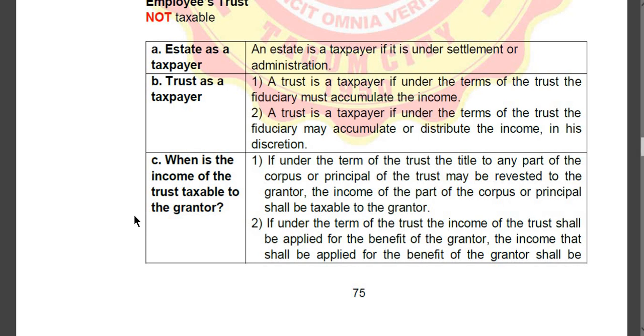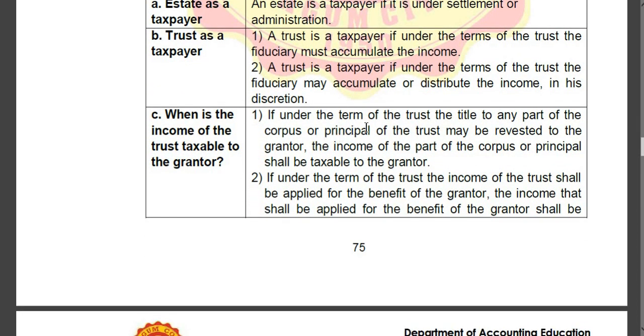Now, when is the income of the trust taxable to the grantor? If under the terms of the trust, the title to any part of the corpus or principal of the trust may be revested in the grantor, the income of the part of the corpus or principal shall be taxable to the grantor.